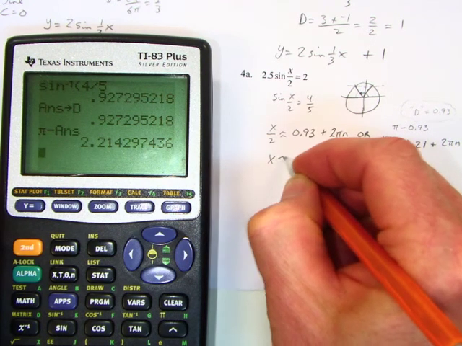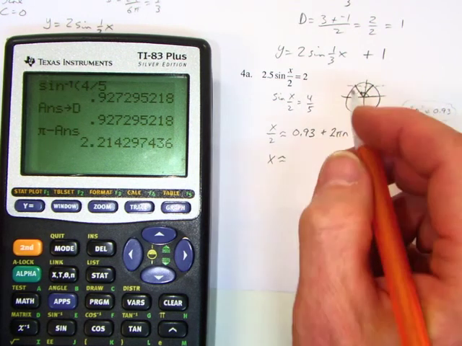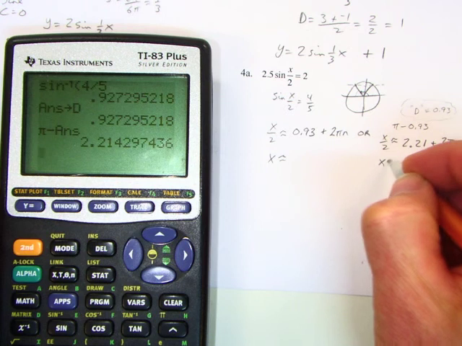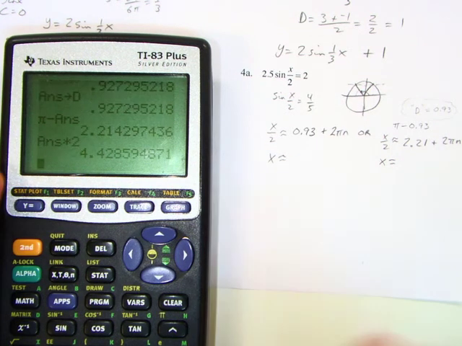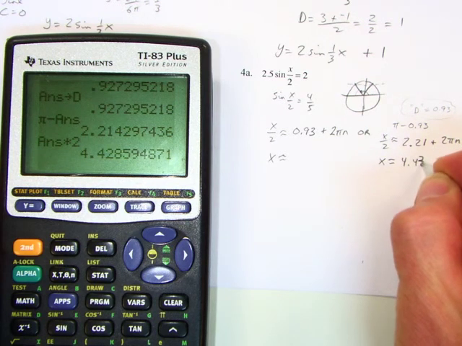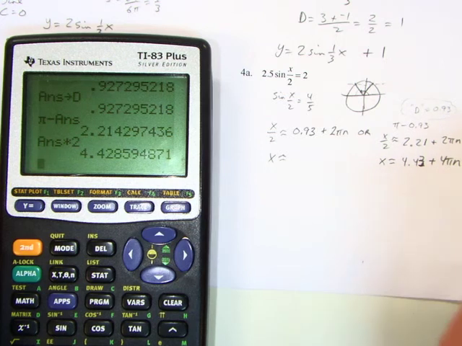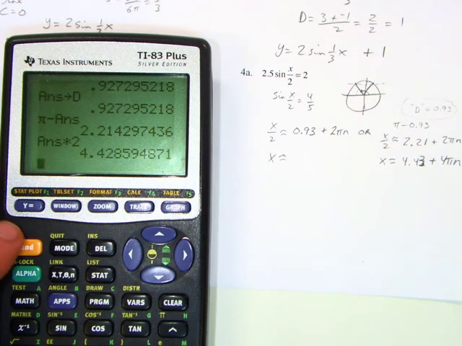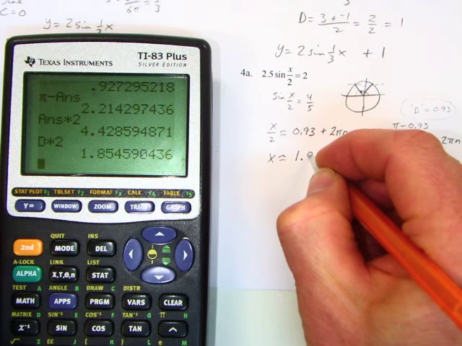Again, we'll have x over 2, so we're going to multiply both sides by 2 on both of these. Since this last one's up, I'll just deal with that. I'll say times 2, and I get 4.43. I almost made a mistake there. 4.43 plus 4 pi n. And on the other one, I will say alpha D this time times 2, and I get 1.85.